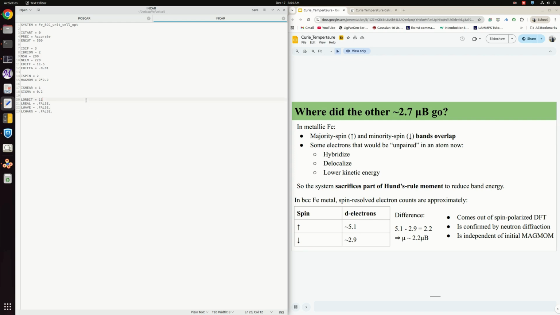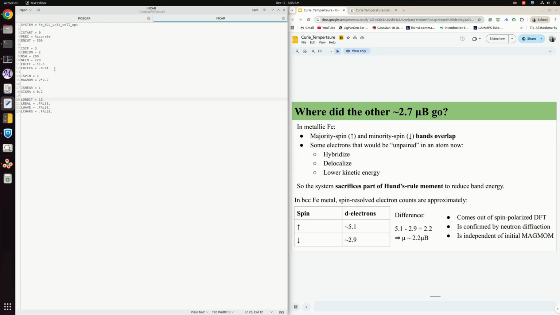Another important thing here: even though I have chosen Fe as our main atom, I have not used a DFT plus U calculation in this case, which would add a Hubbard correction to our calculation. Why have I not taken that?